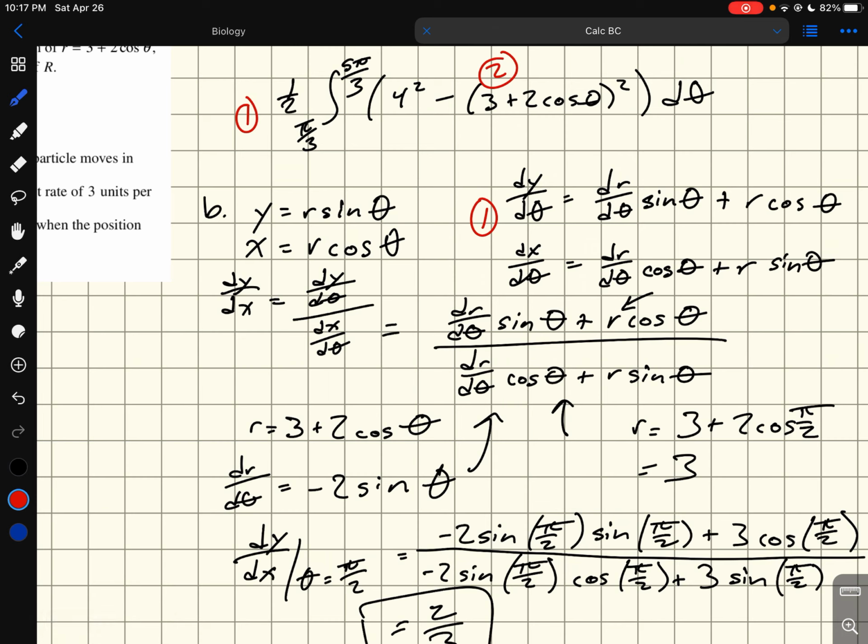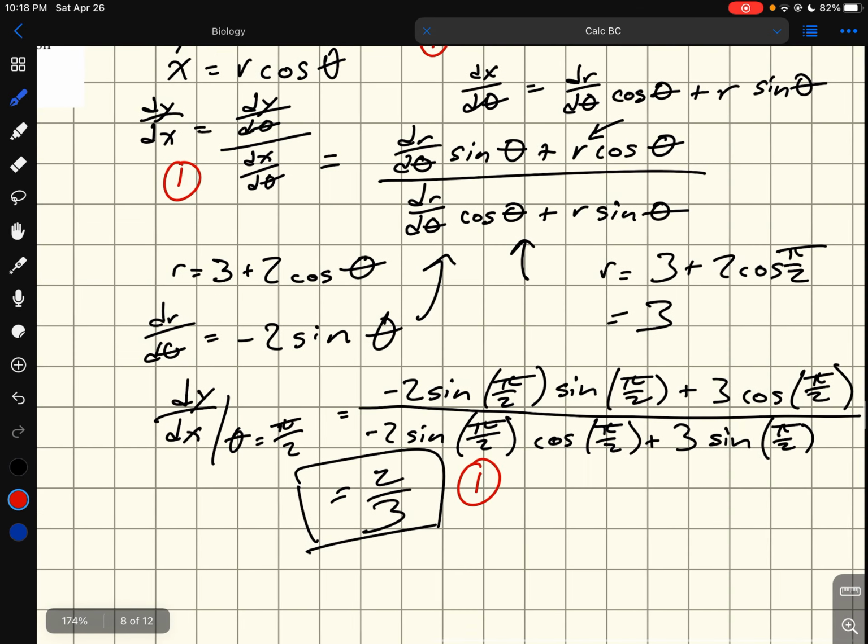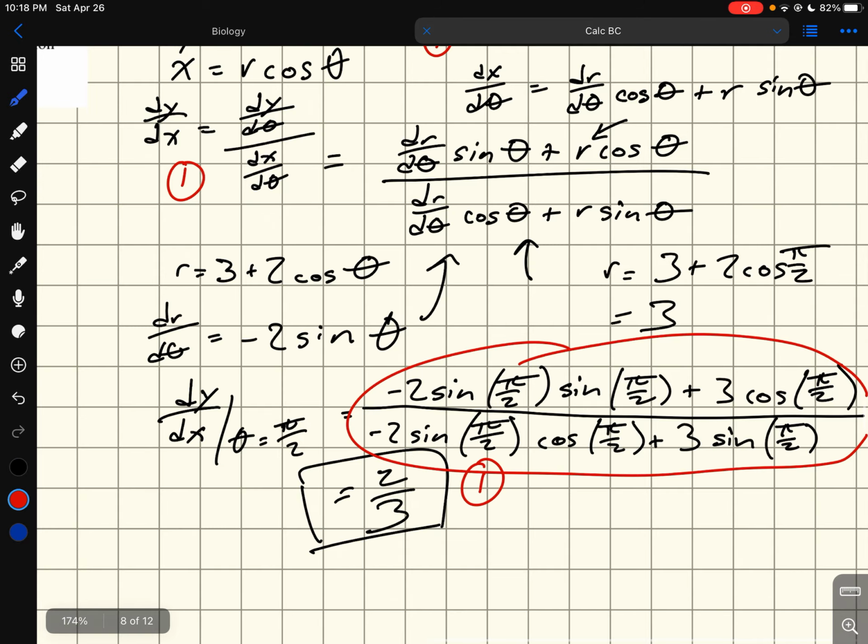You can get that singular point by writing either one of them, but you have to have both. Then you get another point for having the dy dx equaling this thing, and your final point from the answer. So you don't have to write it in a sentence. This would be fine.